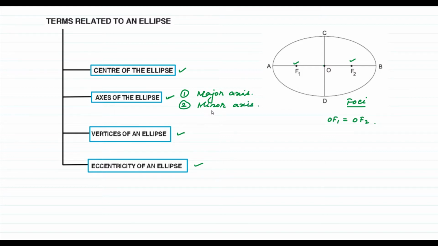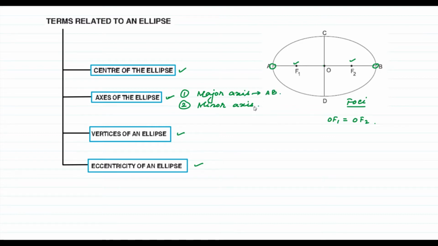So what is the major axis? This is the line segment through the foci of an ellipse. See here, AB is the line segment through the foci of an ellipse with its end points A and B lying on the ellipse. Now this line AB is called the major axis.